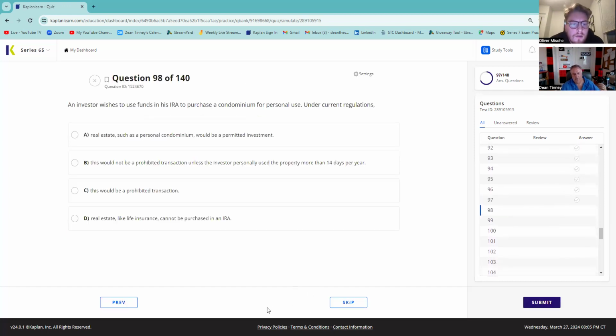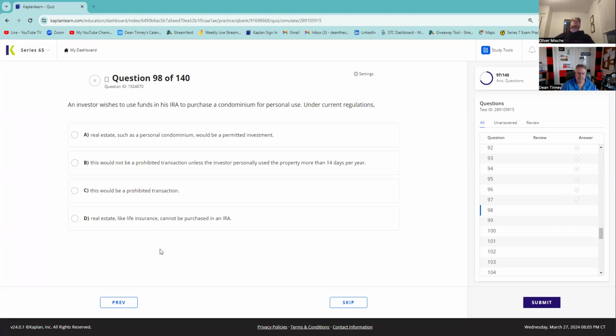An investor wishes to use funds from his IRA to purchase a condominium for personal use. Under current regulations, wait, hold up. A. Wait, no, yeah, it is.